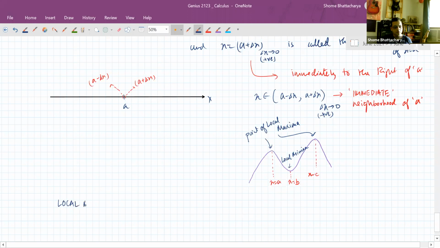So local maxima is the value of a function at a point.